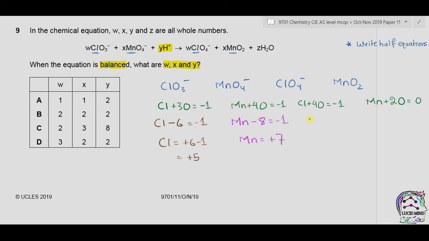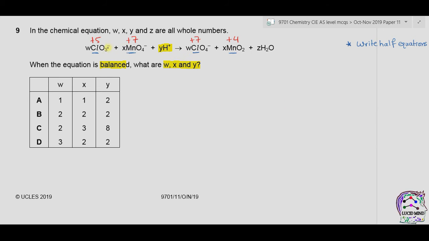In ClO4, we have 4 oxygen atoms. So again, it will become +7. In MnO2, we have 2 oxygen atoms. So Mn will become +4. So the oxidation state is +5, +7, +7, +4.